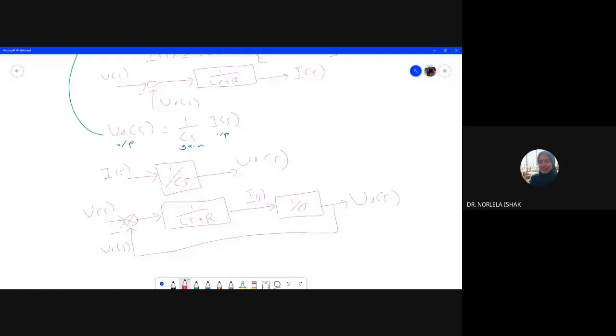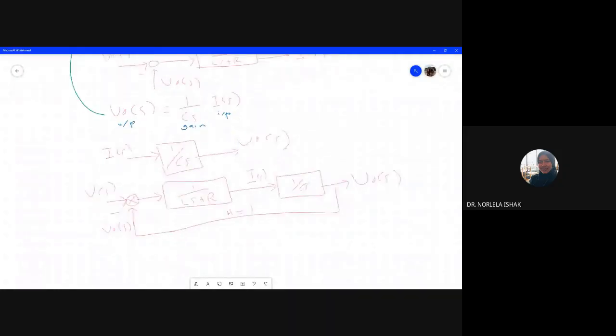And then the output from here is V out. V out is fed back into the summing junction. Okay, this is the overall block diagram, and here also H equal to 1. Okay guys, this is the overall block diagram belonging to the RLC circuit.